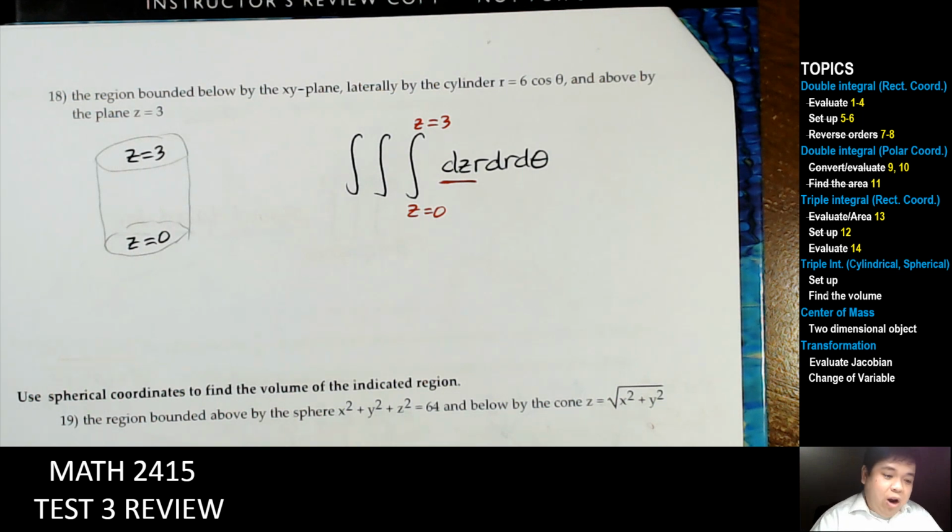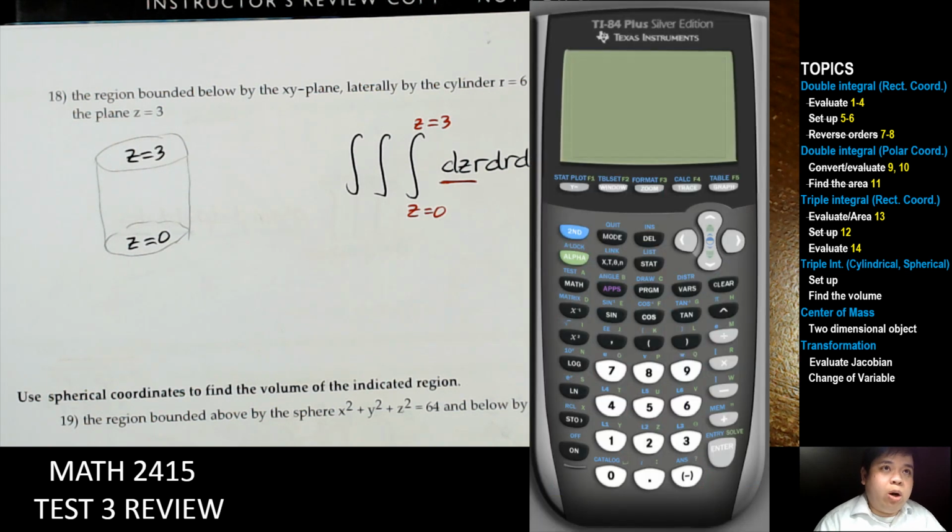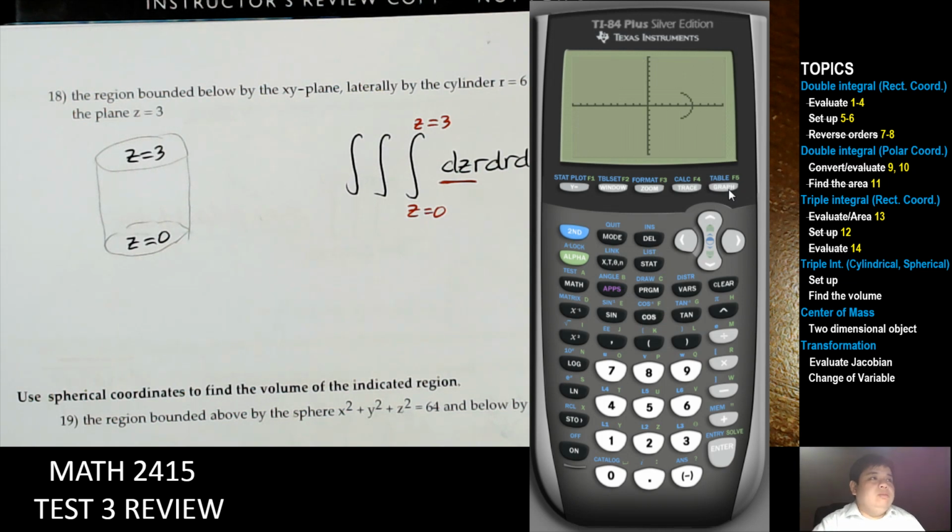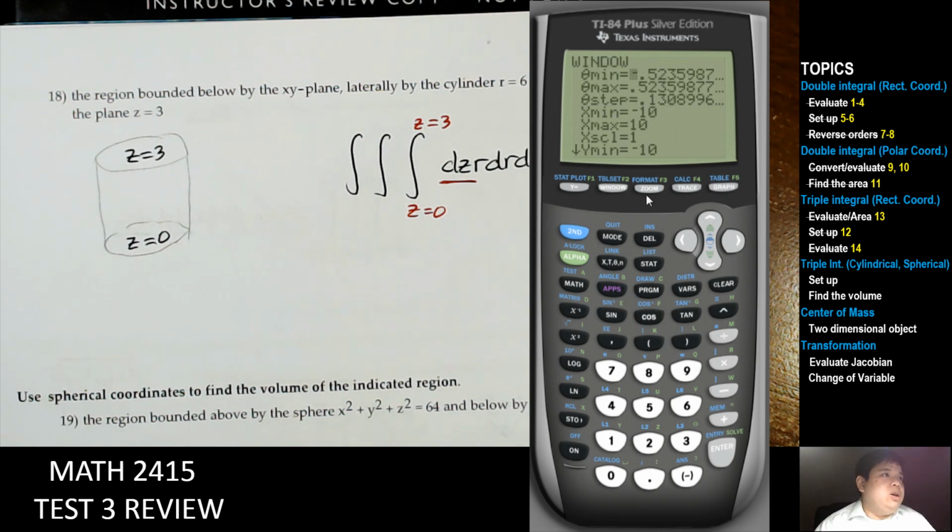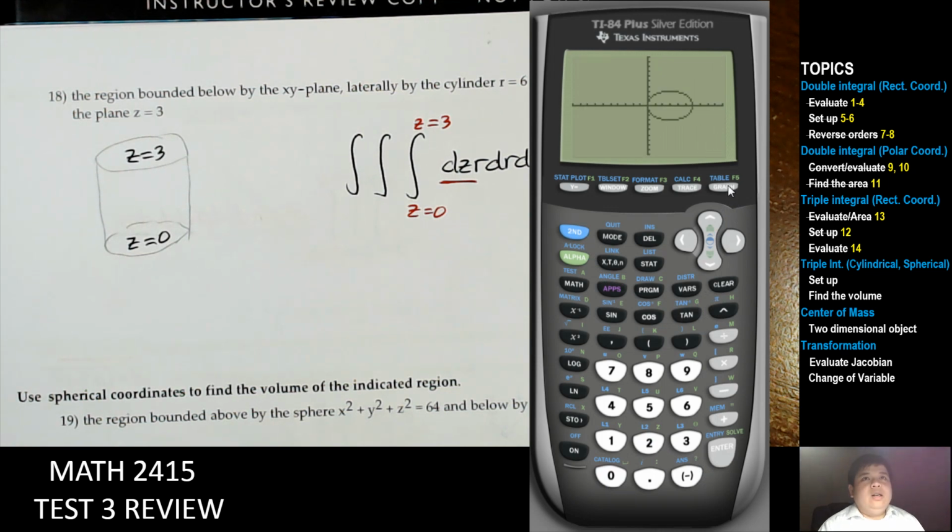Now let's graph 6 cosine theta and see what happens. I believe the calculator is still in polar coordinates. So let's graph it, 6 cosine theta. Alright, we need to change theta from 0 to 2 pi. It looks like a circle.